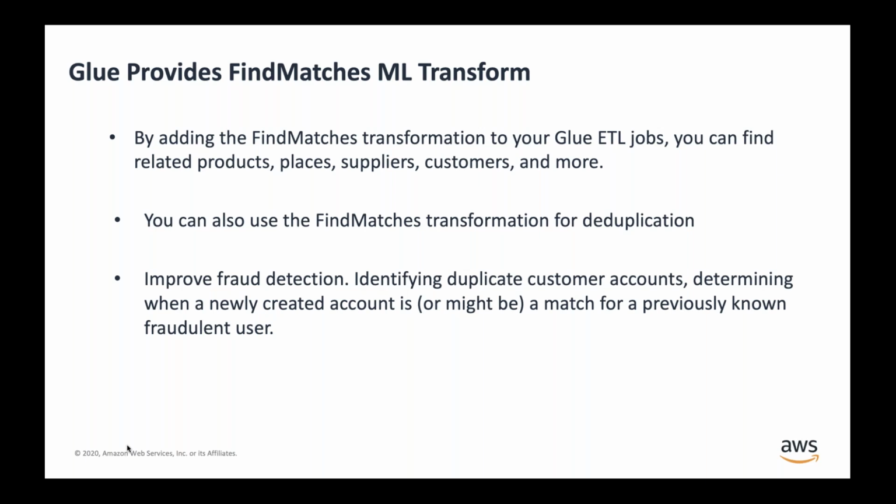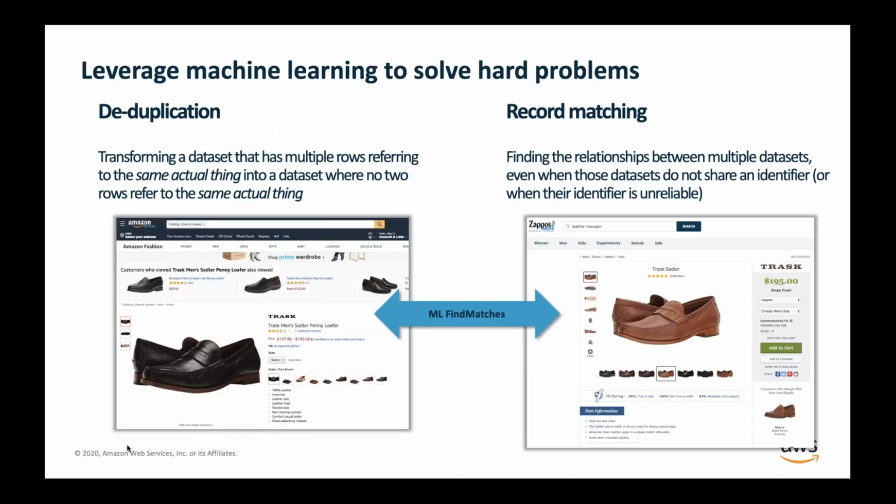It's basically finding similarities in the data set. One of the use cases is around fraud detection or identifying duplicate accounts or duplicate items. So it can be used for a lot of different use cases, and it's just a built-in component that customers can leverage using Glue.